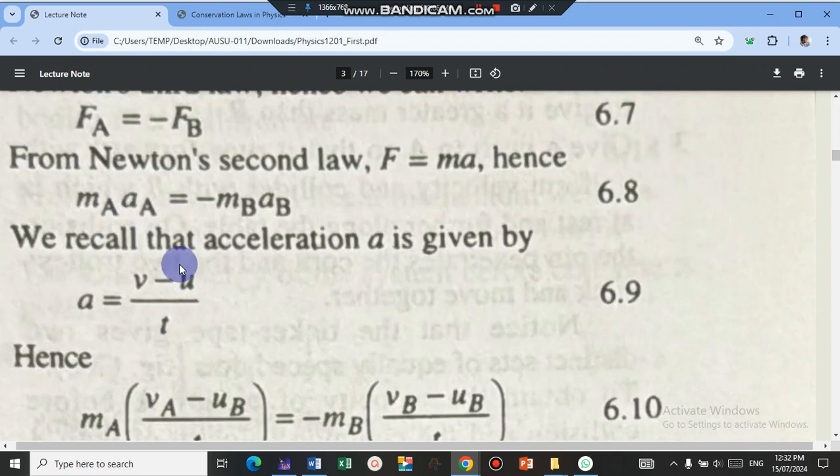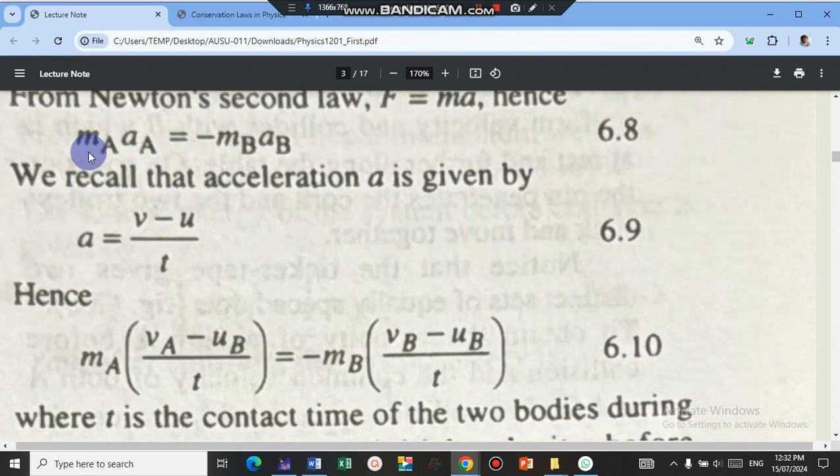We can apply this formula to a sub A and a sub B. When we apply it to a sub A, this will be v sub A minus u sub A over t. So the left hand side will change to, I will keep my m sub A, but then my a becomes this, so I will write it in bracket v sub A minus u sub A divided by t.